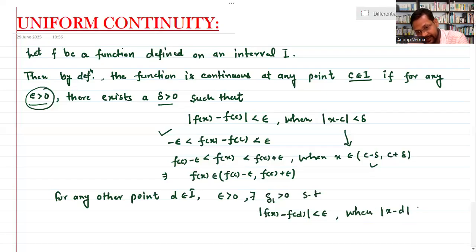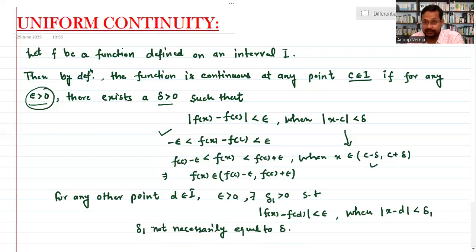So obviously the function is continuous at point c and it is also continuous at that point d. But here this delta 1 is not necessarily equal to the previous delta.